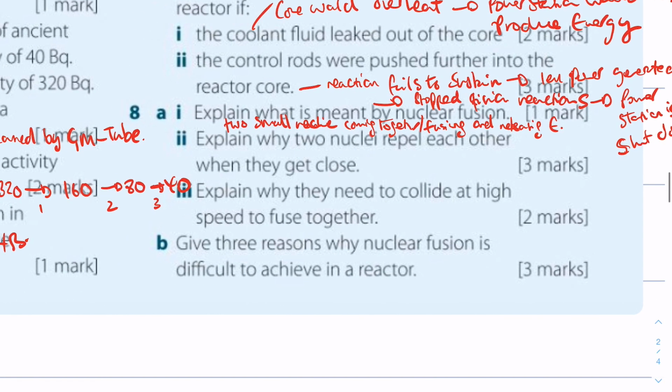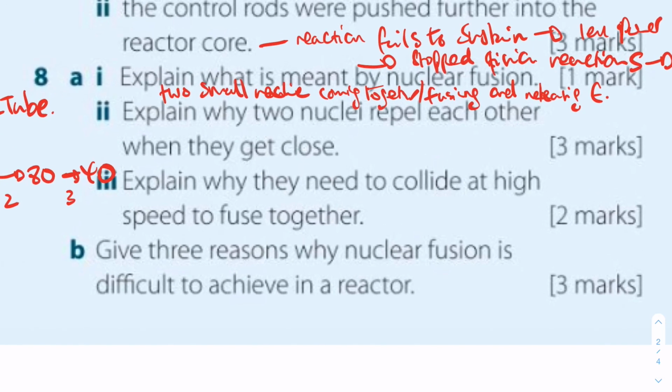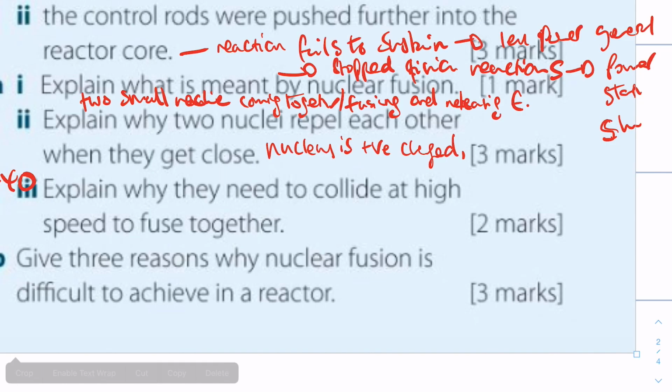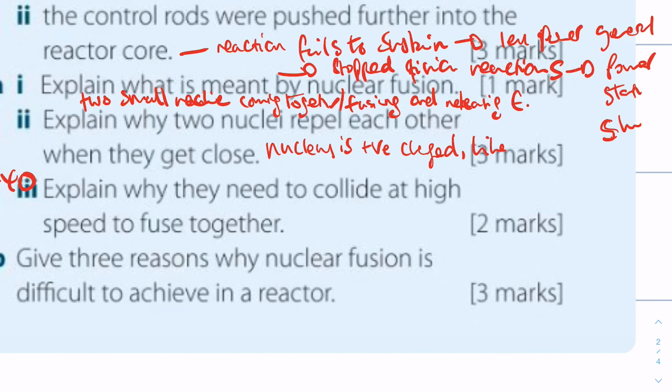Explain why two nuclei repel each other when they get close. Nucleus is positively charged. Like charges repel.